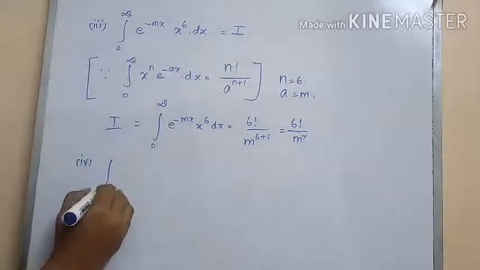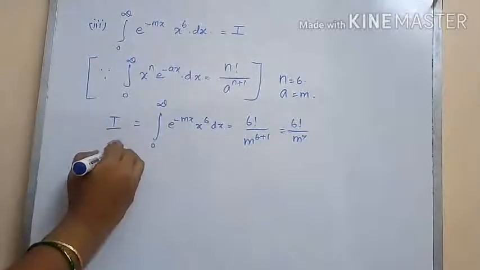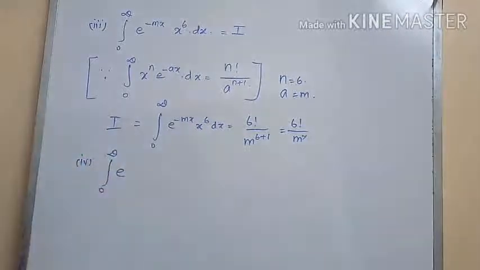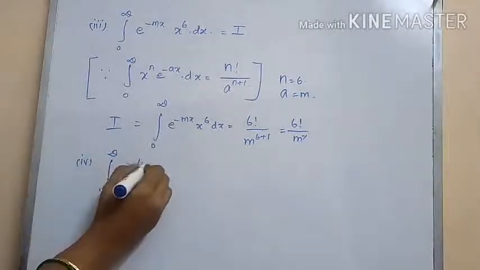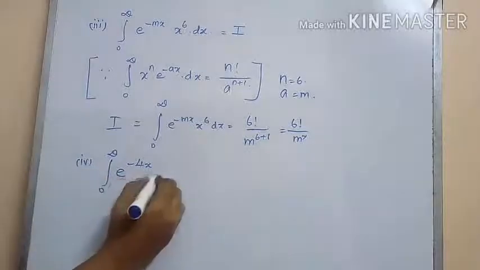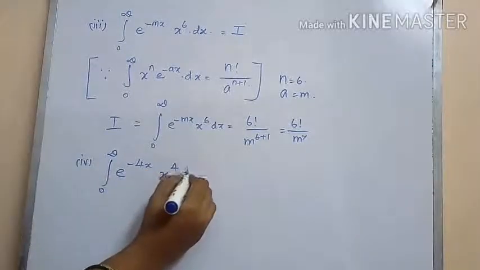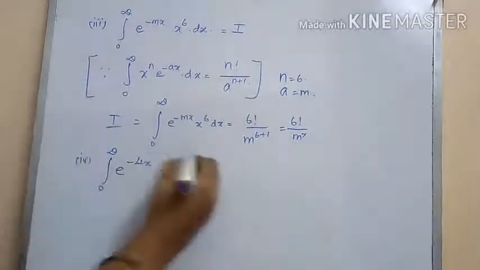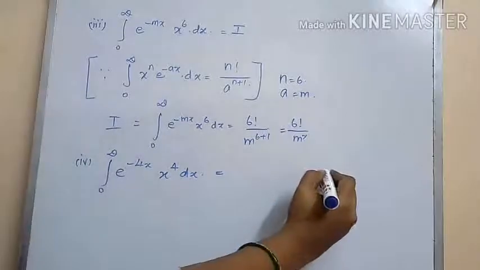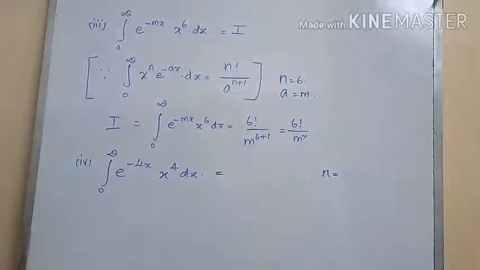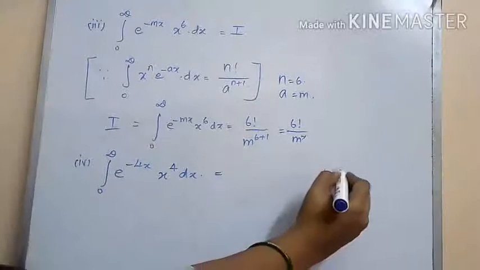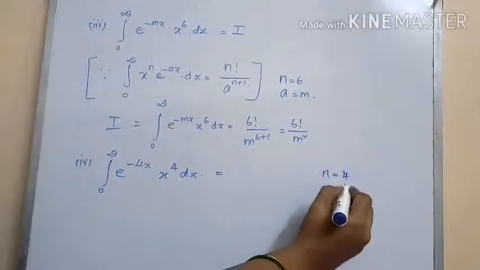Another problem of the same type, we have integral 0 to infinity e to the power of minus 4x x to the power of 4 into dx. Here n is equal to 4 and a is also equal to 4.